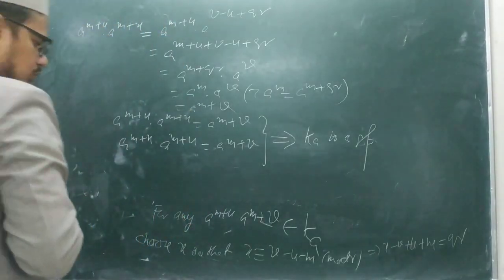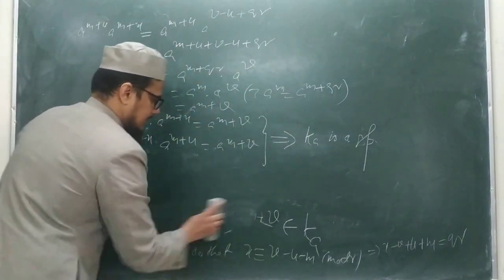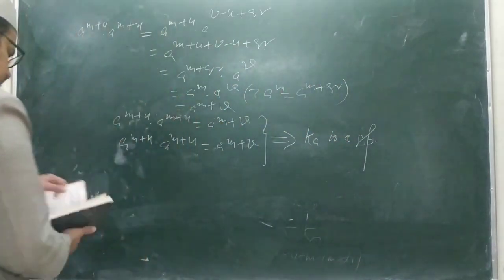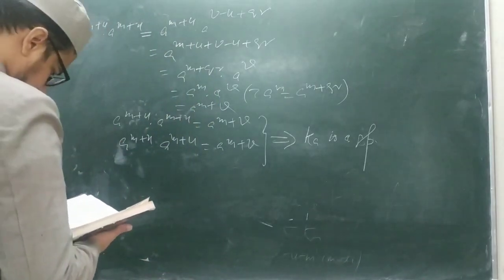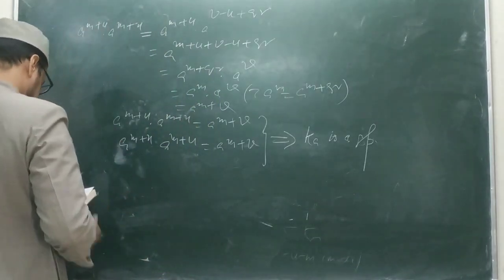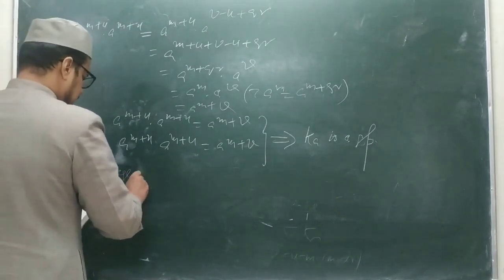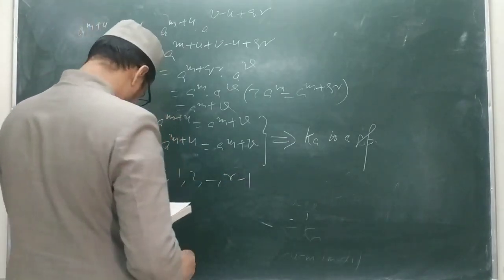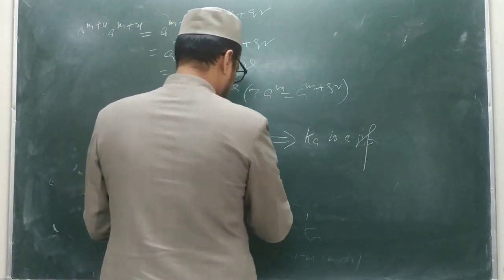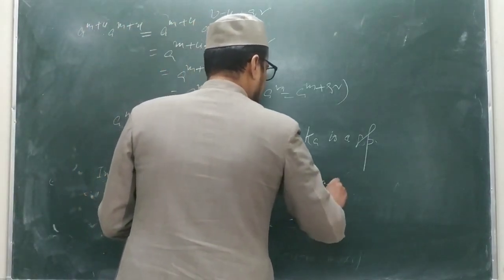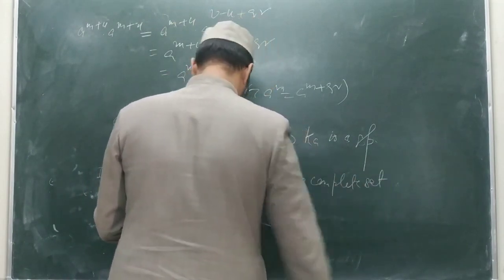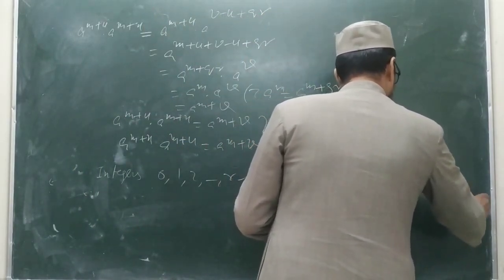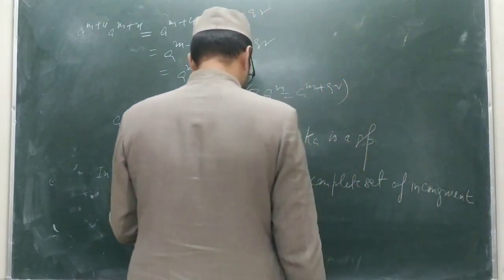Before that, I would like to tell one fact that is a result of number theory: the integers 0, 1, 2, up to r minus 1 form a complete set of incongruent residues modulo r.